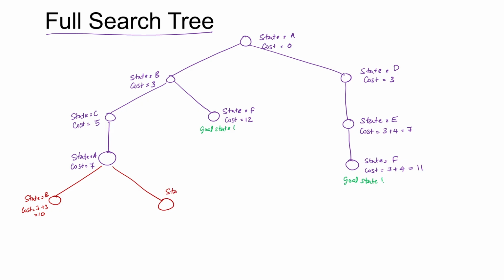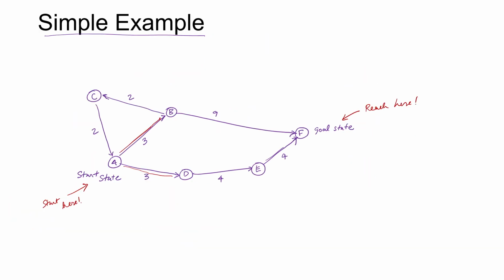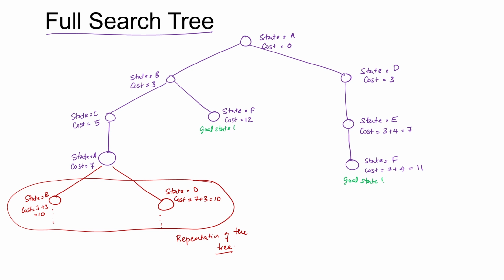Here is state equals D, cost is equal to 7 plus 3, that is equal to 10, and you can see that this is the repetition of the tree. So, what has happened is you have started here, you went to B, then you went to here, then you went to here, and now you are repeating the whole process. So, that is what this portion of the tree shows.